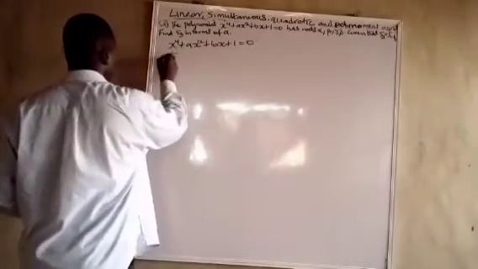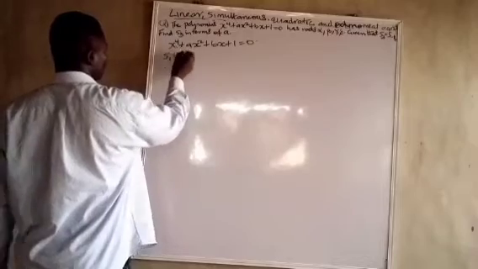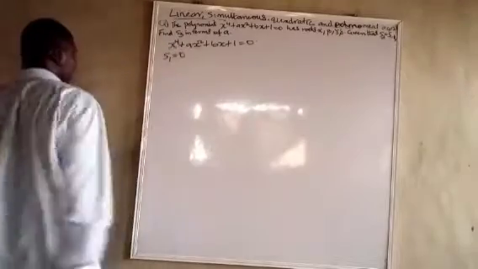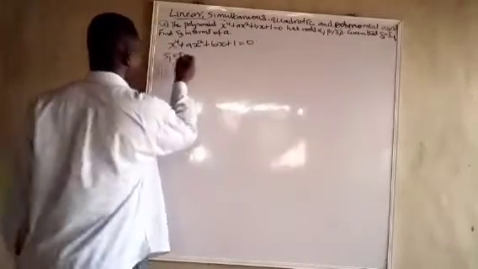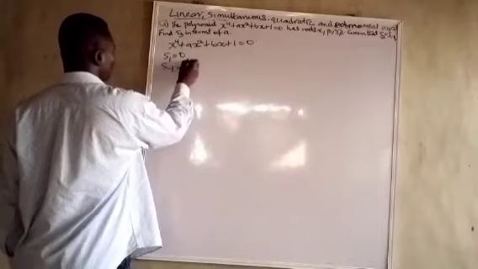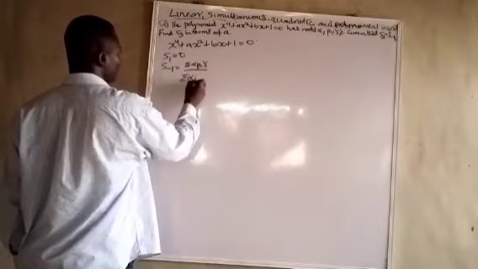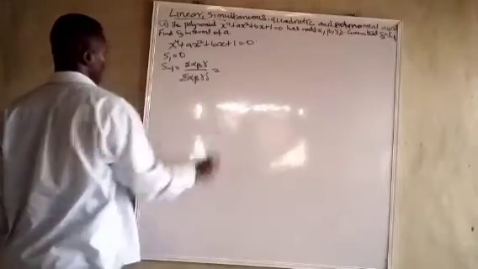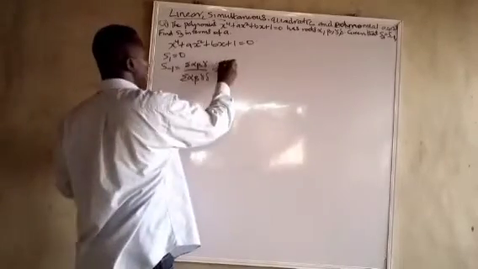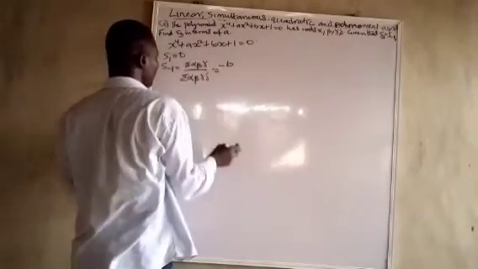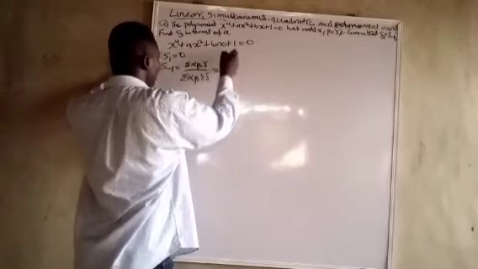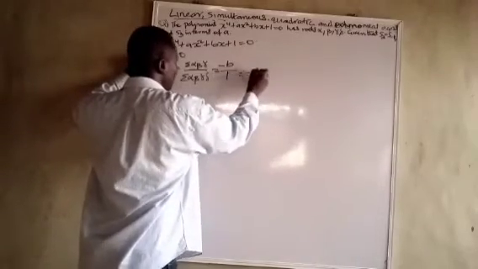S1 is equal to 0 because we don't have anything in x cubed. Our S minus 1 is equal to summation alpha beta gamma over summation alpha beta gamma delta. And this is going to be minus b over 1 divided by 1. So this is minus b.